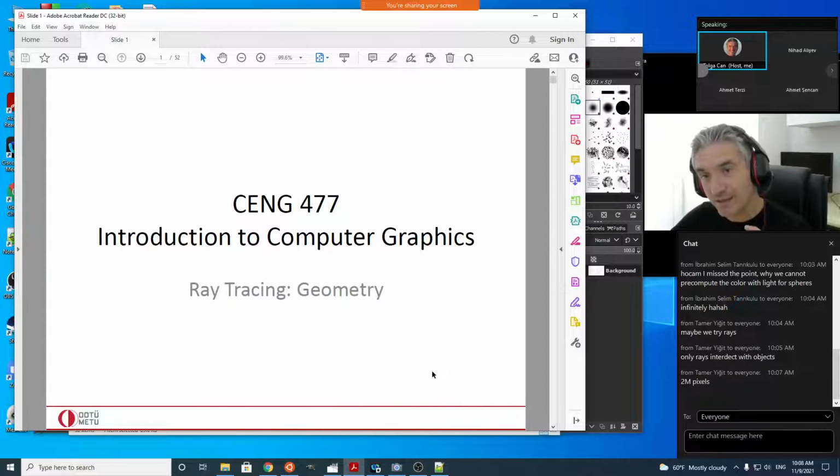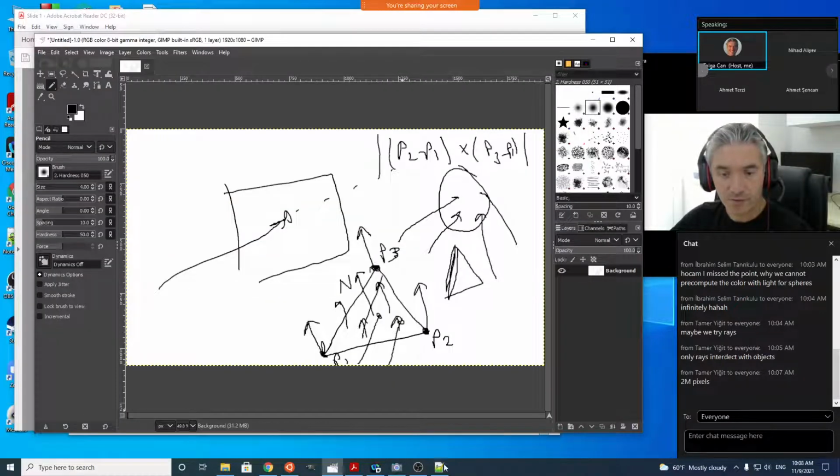Each pixel we compute its color separately from the other pixels, so if you share your scene data with your threads, you can have a multi-threaded program in which each thread may be responsible for separate rays. So this is how ray tracing can be parallelized easily.